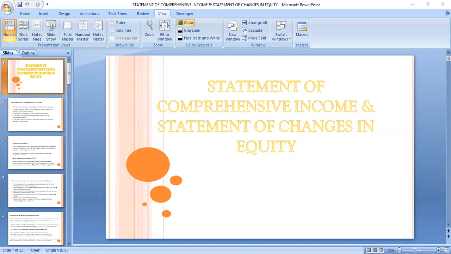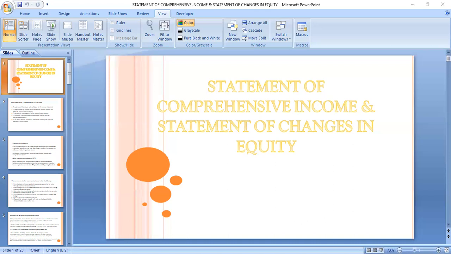Now, with these objectives, let's first define comprehensive income. The change in equity during a period resulting from transactions and other events other than changes resulting from transactions with owners in their capacity as owners.